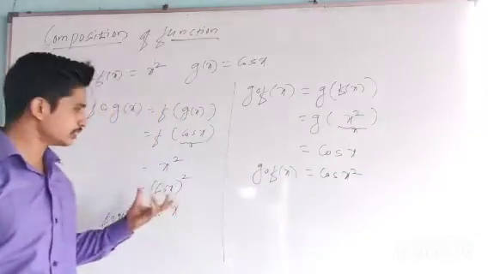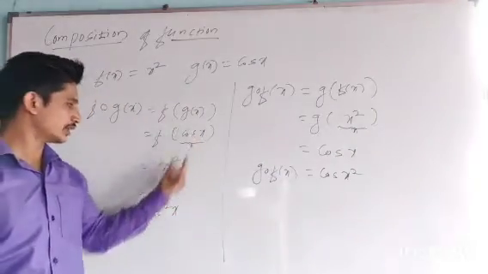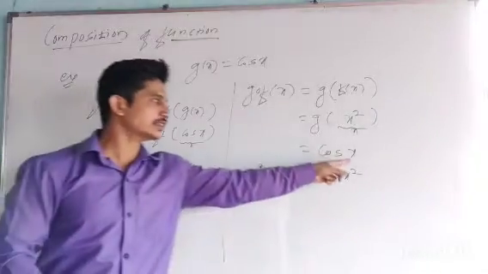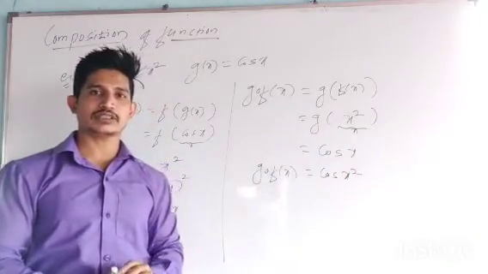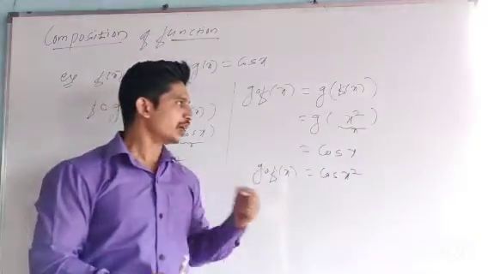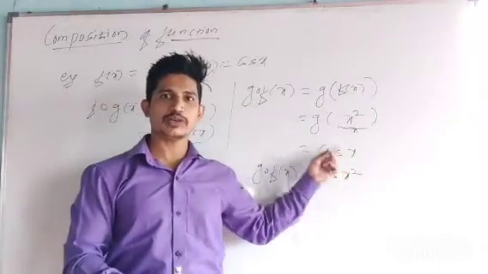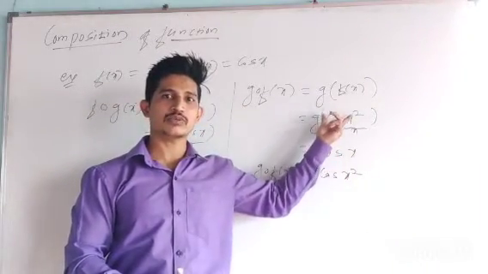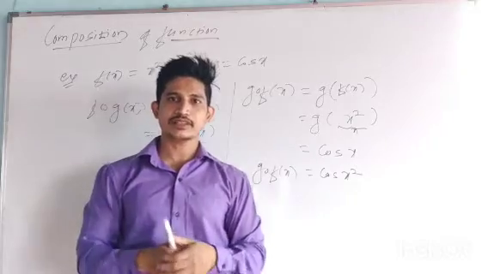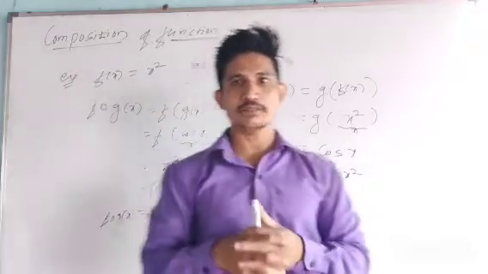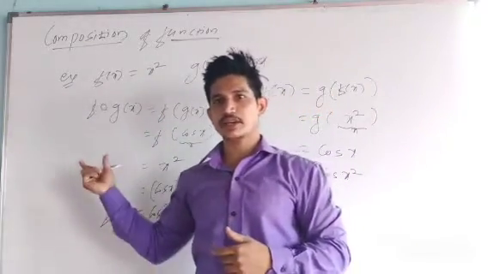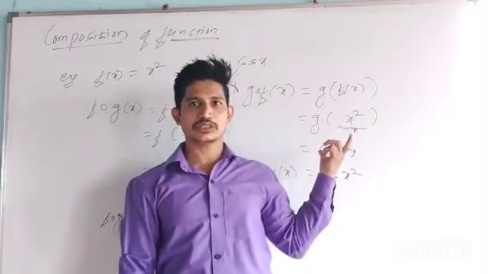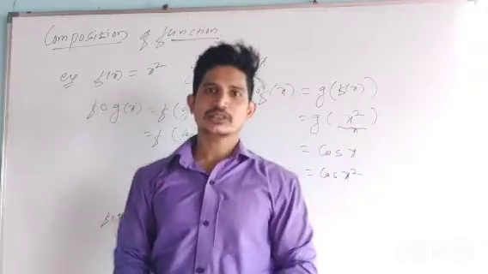So here where x is there, write cos x, and here where x is there, write x square. When you are putting the final value, where x is there, write the value from the bracket. Clear? Both are called composition of a function. This is the f composition g. This is the g composition f. Clear? Yes.